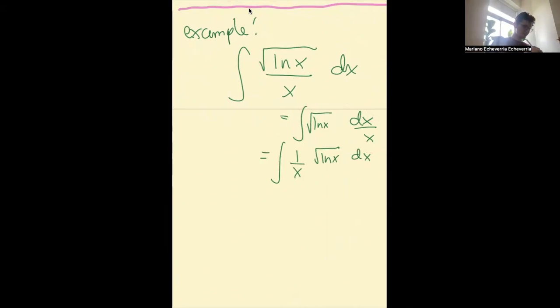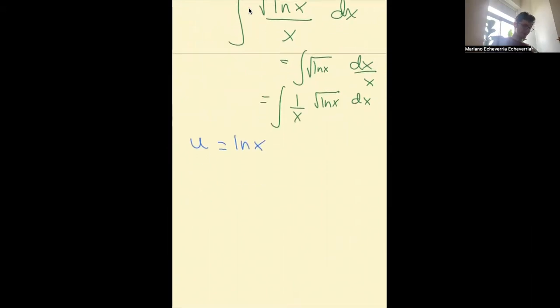And so what I was saying is that you should make u ln of x, because if you do that, then du dx, when you take the derivative of this, you get 1 over x. But then if you multiply both sides by dx, you get that du equals dx over x. Is that making sense?